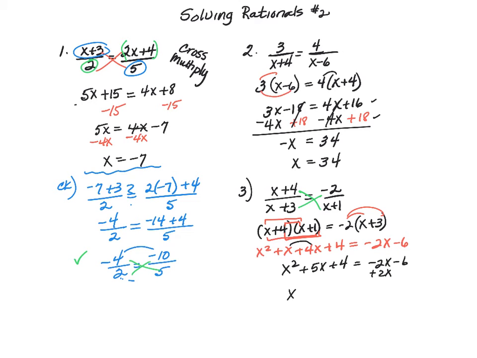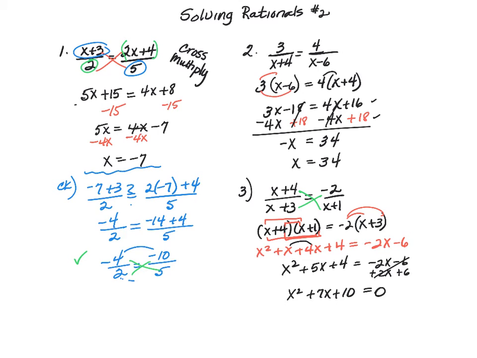That will give me x squared plus 7x. And I will add 6 to both sides. Plus 10 will be equal to, these are all gone, so I have 0. Now, this is where we have a little bit of a twist from before.